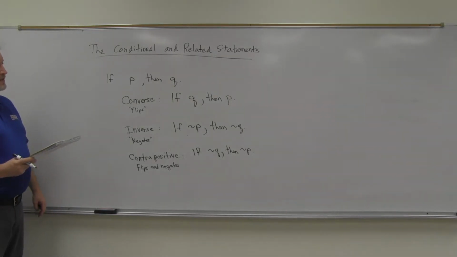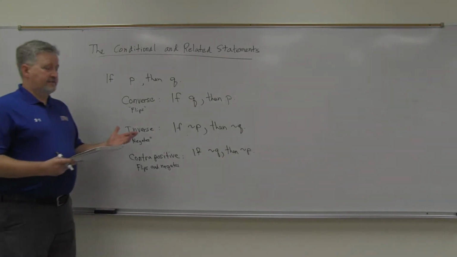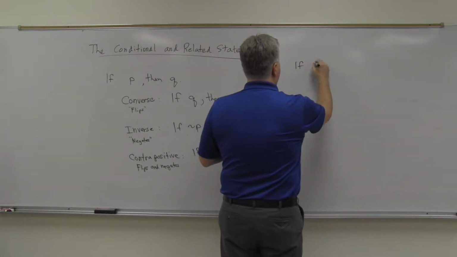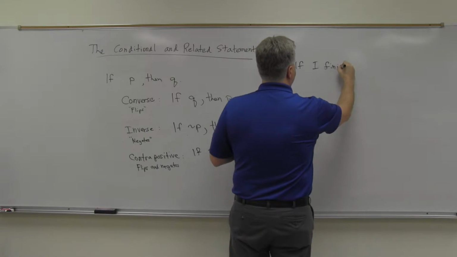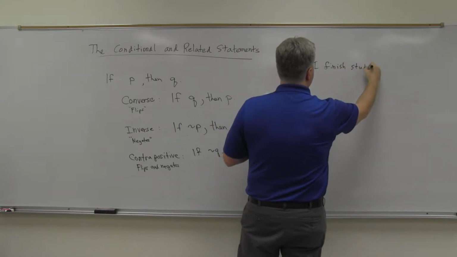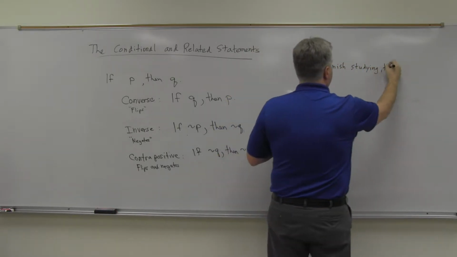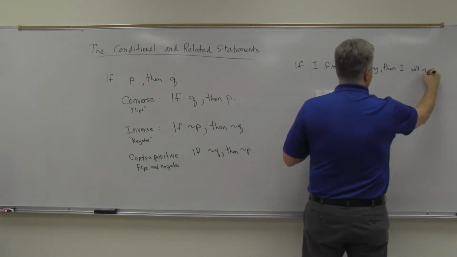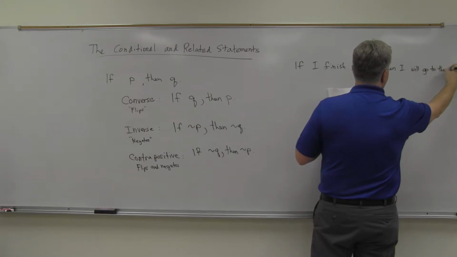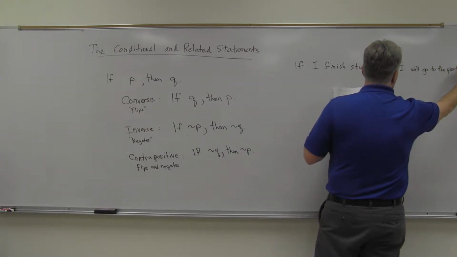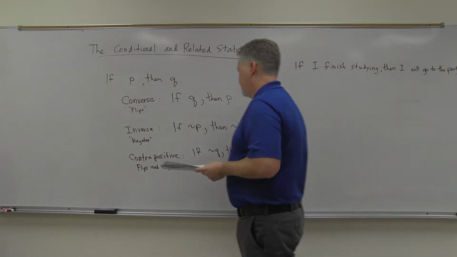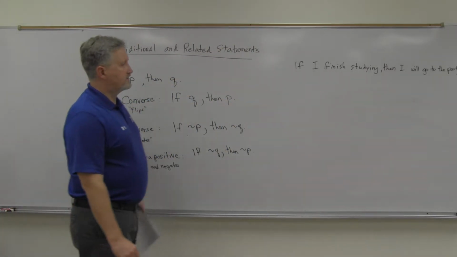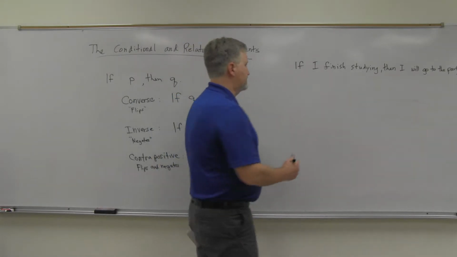All right, so let's do an example. If I finish studying, then I will go to the party. All right, so let's write the converse, the inverse, and the contrapositive.